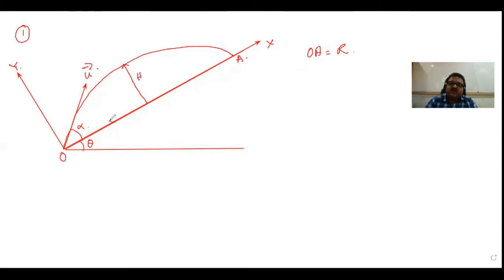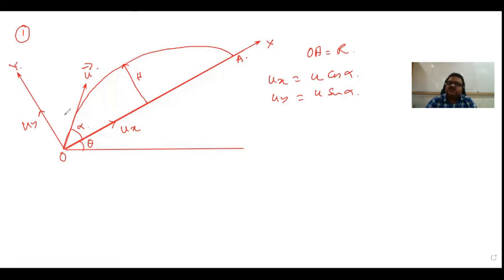Splitting u into two components, one along this direction, ux, and one along this direction, uy. The angle is alpha. So velocity along the x-axis is u cos alpha, velocity along the y-axis is u sin alpha. I have considered this as positive x-axis, and this as positive y-axis.